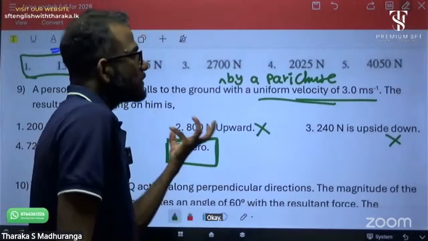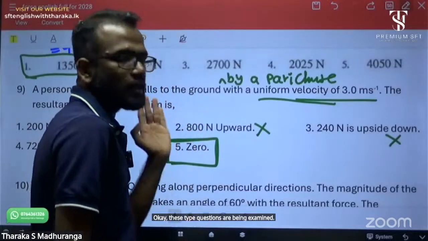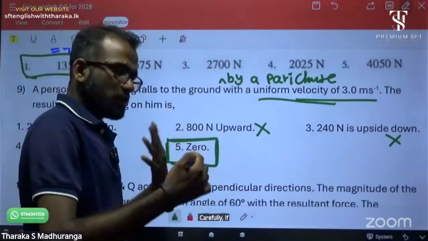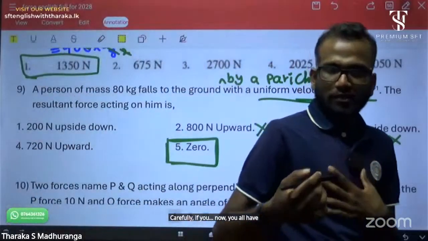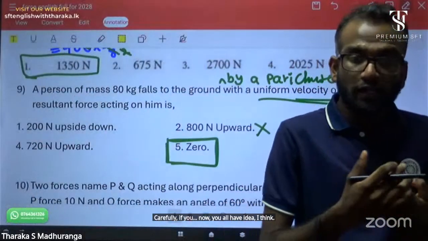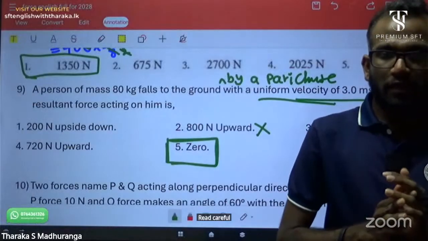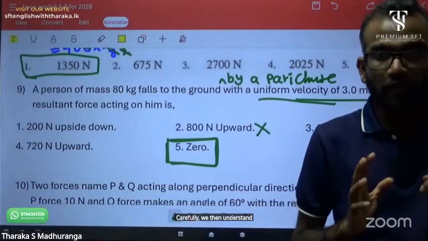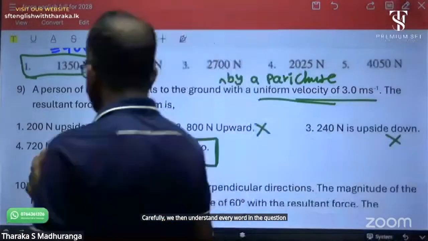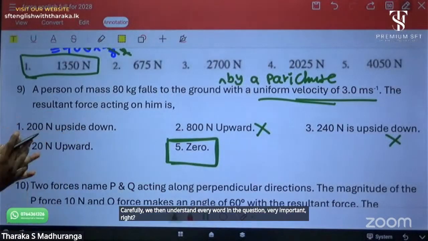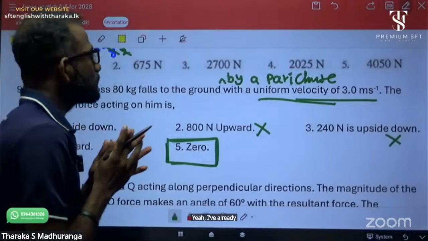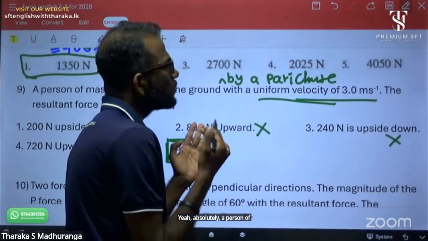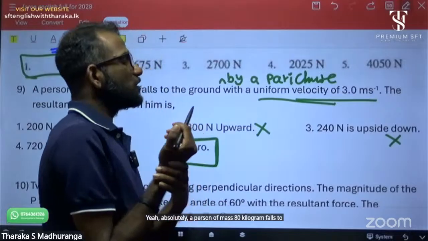Okay, this type of question is asked in the exam. You have to read carefully and understand every word in the question, very important, right? A person of mass 80 kilogram falls to the ground by a parachute with uniform velocity of 3 meters per second.